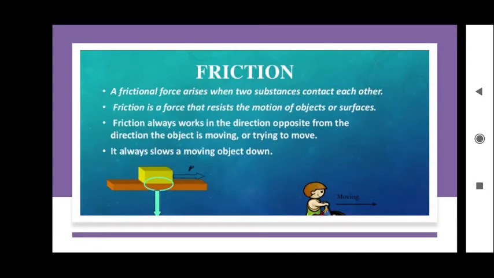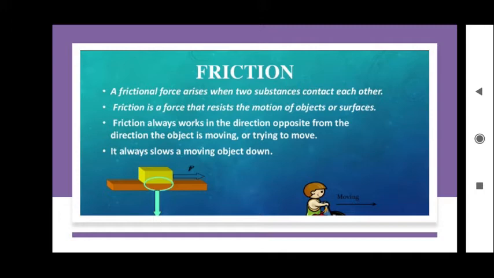Before going into this chapter, let's learn what the meaning of friction is. Friction is a force that resists the motion of an object or a surface. This frictional force arises when two objects are in contact with each other. Only if the two objects are together in contact can we experience this frictional force.